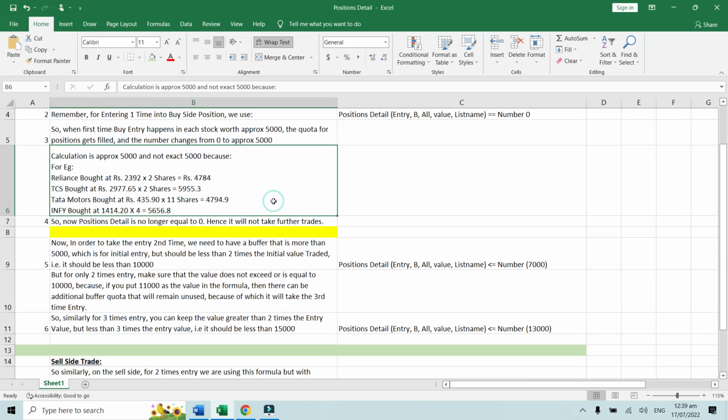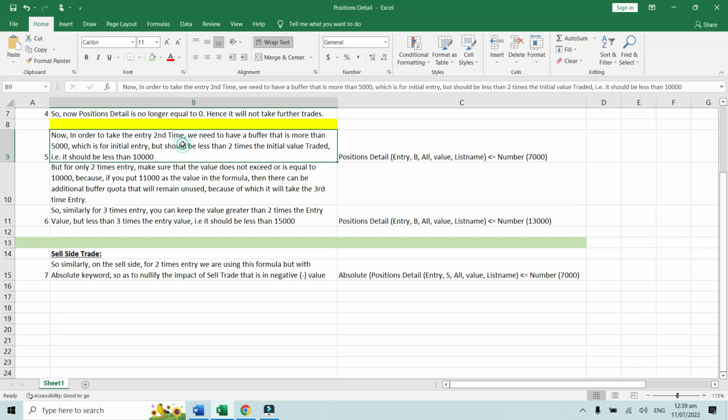Now in order to take the second time entry, we need to have a buffer that is more than 5,000, which is for the initial entry, but should be less than 2 times the initial value traded. So it should be less than 10,000.